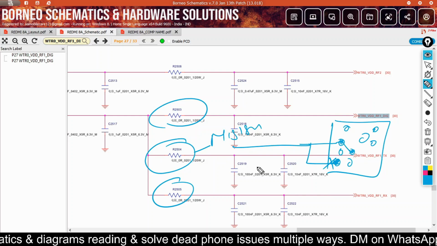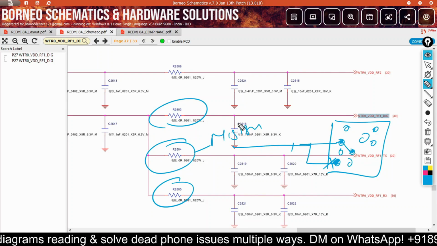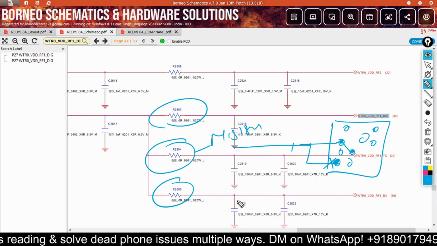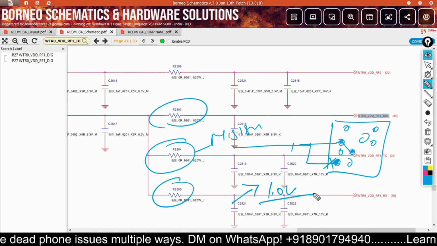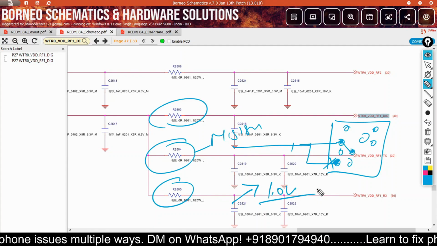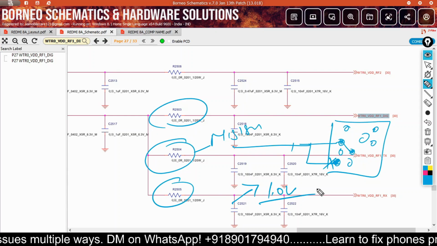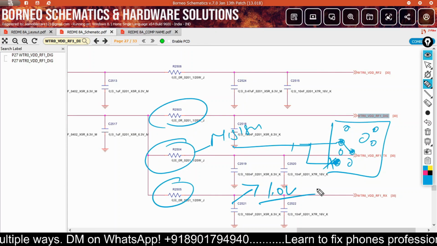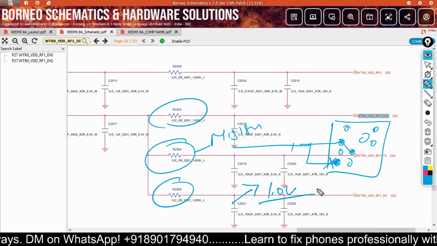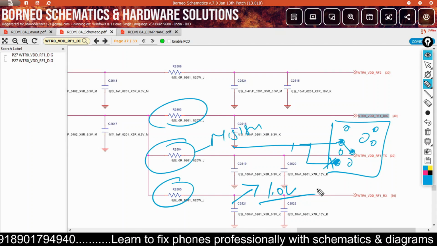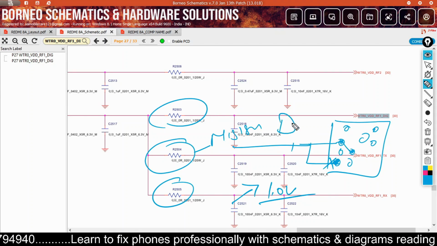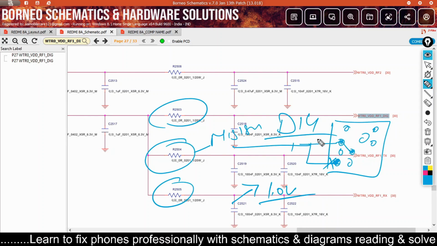In case you check here on this capacitor, let's say you test 1.0 volt here, you think there is 1 volt here, but if this voltage does not connect internally to the IC pads, then your phone has no service, right? This is our DIG voltage, a digital voltage basically.